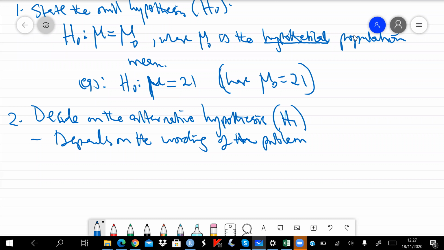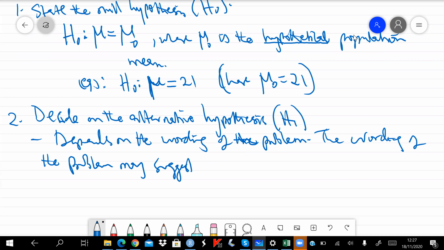And the wording of the problem may suggest one of three possible meanings. So there are three possible meanings in every given statement of a problem.